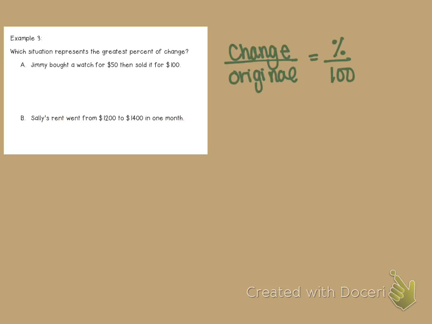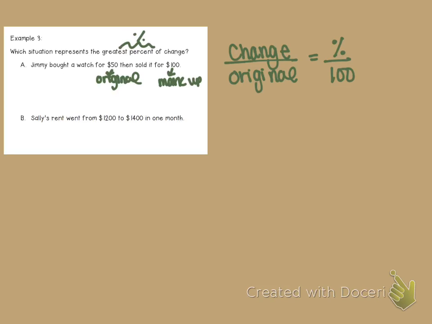So it says which one is the greatest percent, so that's what we're looking for. It says Jimmy bought a watch for $50, then sold it for $100. So this has got to be the original, and this is the markup.